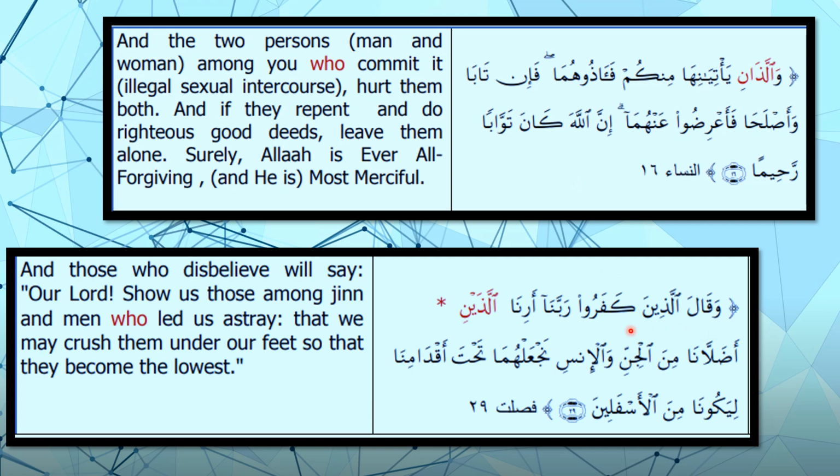وَقَالَ الَّذِينَ كَفَرُوا رَبَّنَا. وَقَالَ الَّذِينَ, who is saying here? الَّذِينَ كَفَرُوا, the disbelievers are saying. So if I put inverted commas, this is the speech. رَبَّنَا آرِنَا. Ari is the command. And as you know, we have our fail and file. File is hidden in it.